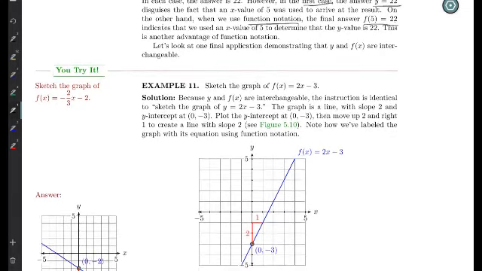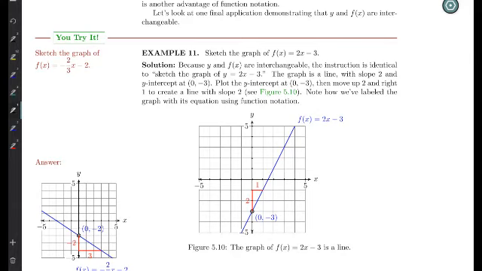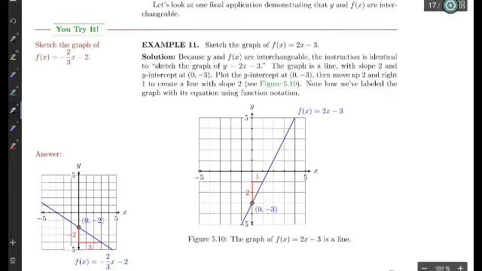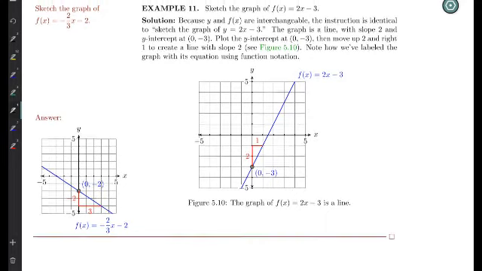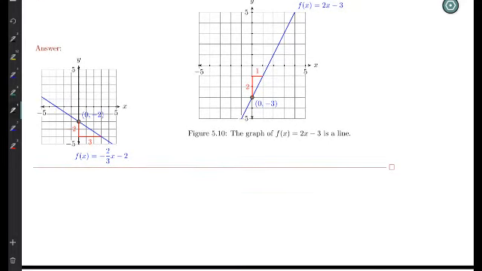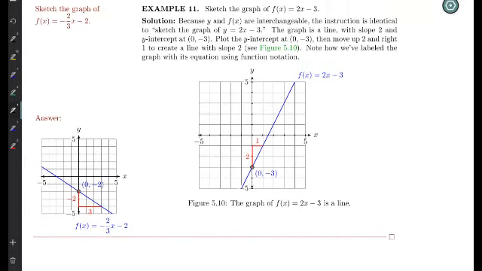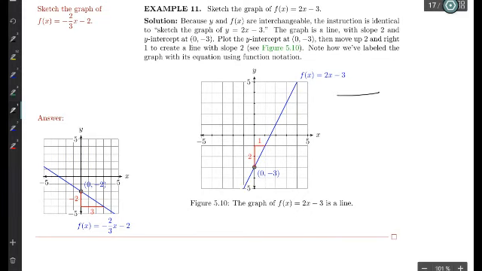So here is a demonstration of why y and f of x are interchangeable. Sketch the graph of f of x equals 2x minus 3. Well, they did that, and it's no different than building an XY chart.